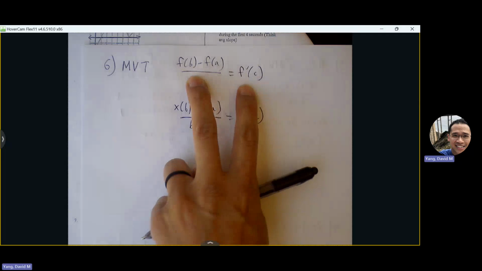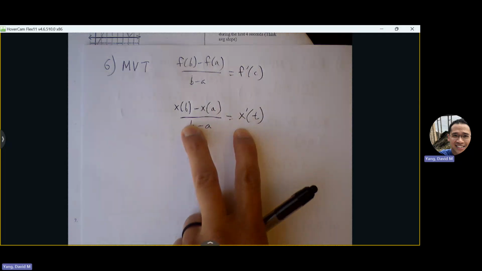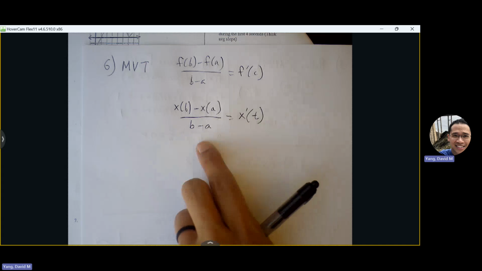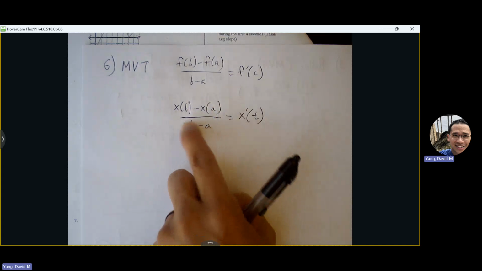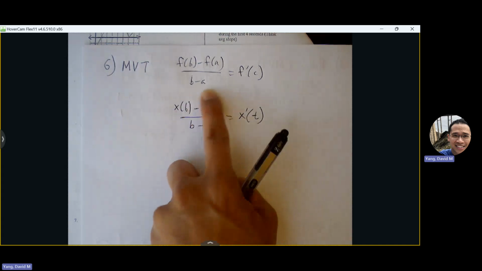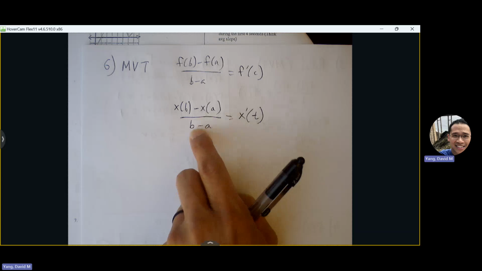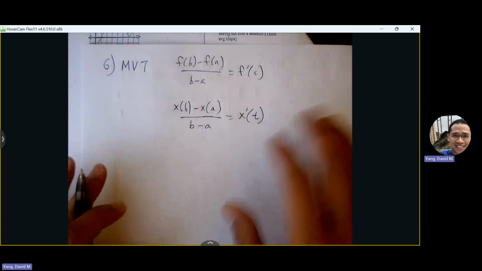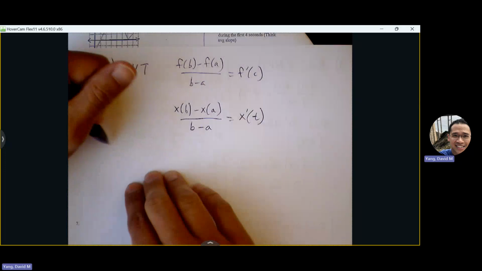All right, so instead of f and f prime, we can think in terms of x and x prime, x being position, x prime being velocity. So we're going to find the average rate of change, or in this case, average velocity, and then set equal to the velocity function. So we have our x of t here.